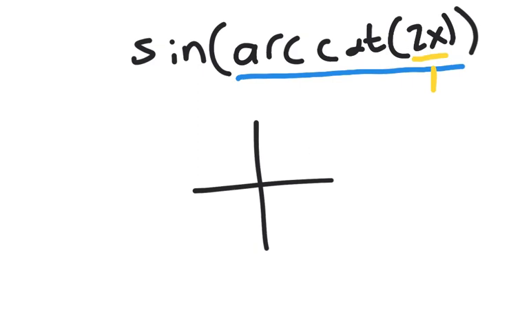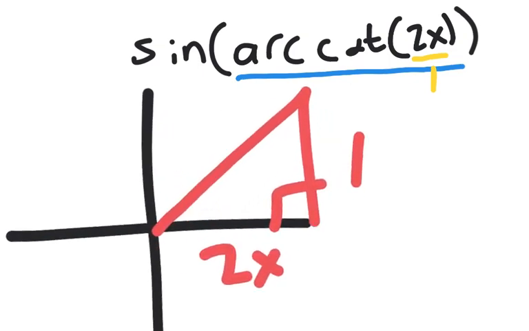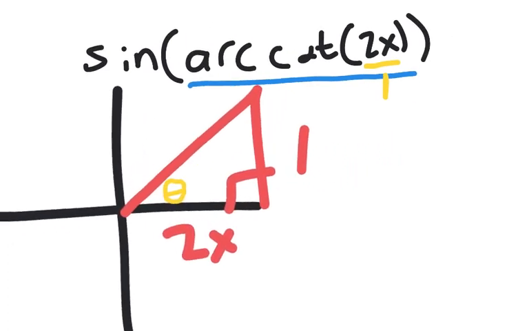So the way I think of it is I have a triangle in the first quadrant where the adjacent side is 2x and the opposite side is 1, because we're looking at arc cotangent, which is the adjacent over opposite. I don't know what this angle of rotation is. It's not one of the angles I have memorized, 30, 60, 90, or 45, 45, 90. So let's just call that angle that I rotated to get there theta.